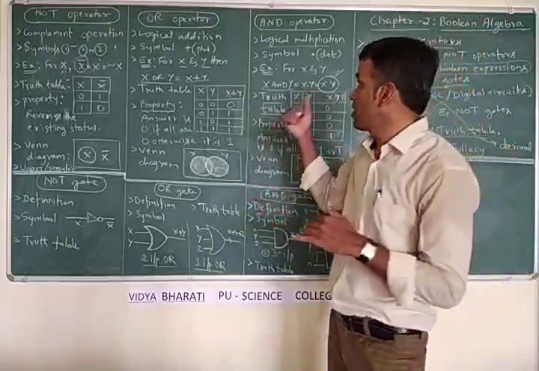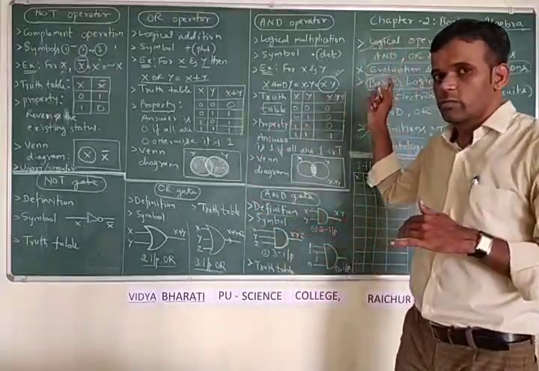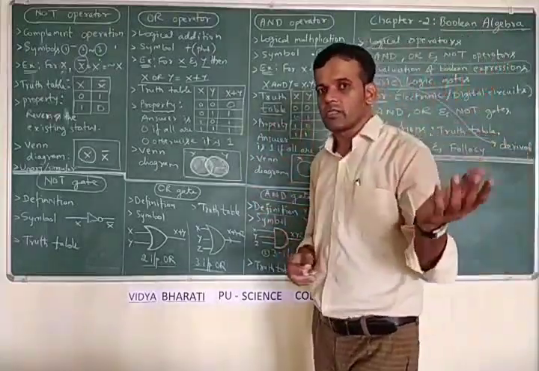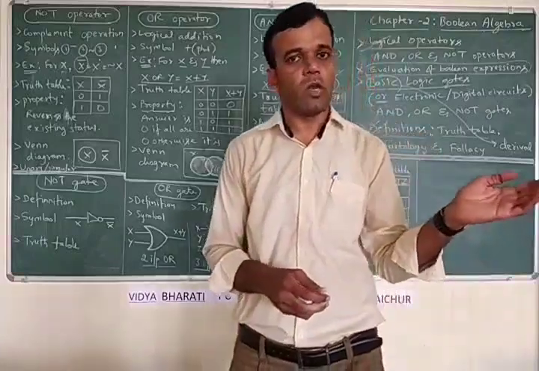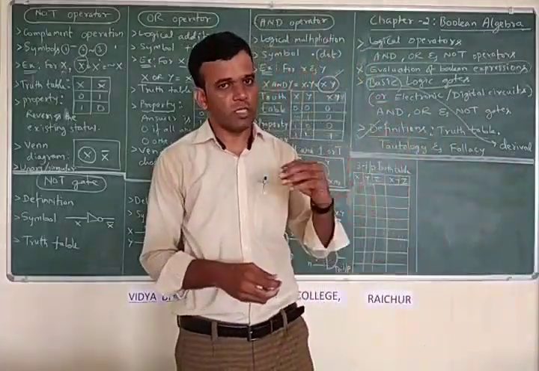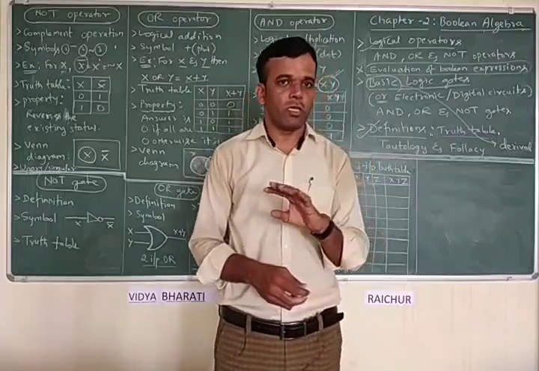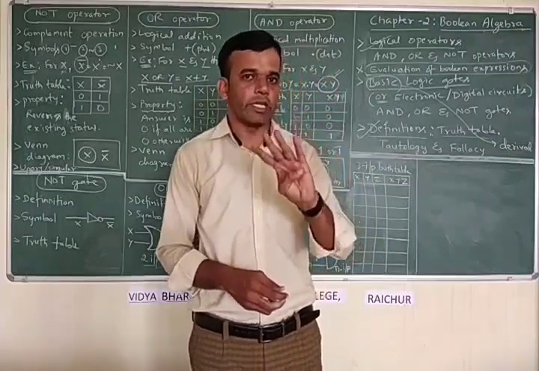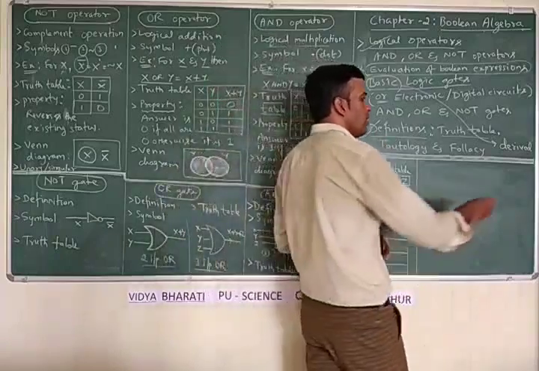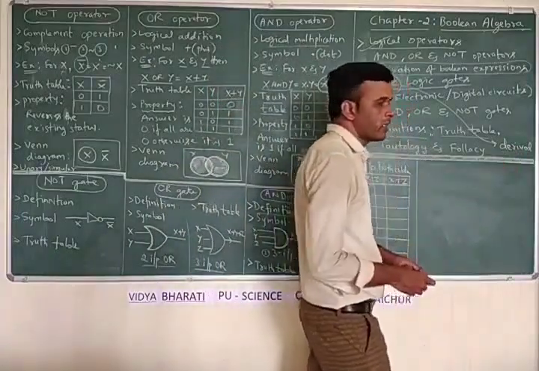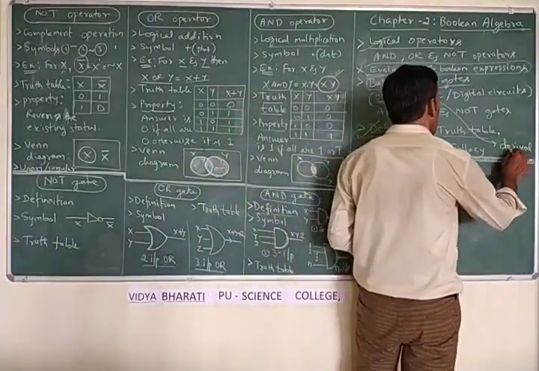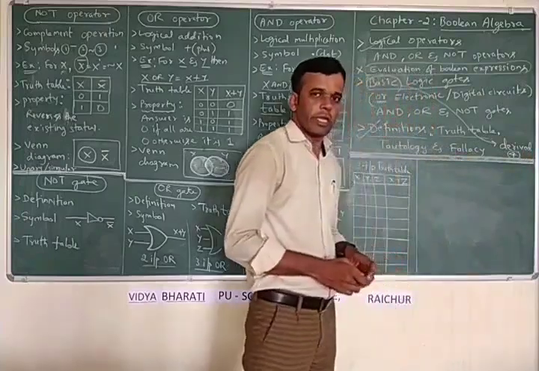This is chapter number 2, Boolean algebra. In the next chapter, the 3rd chapter, the chapter name is logic gates. In that logic gates chapter, we are going to see 4 more gates under the heading called derived gates.